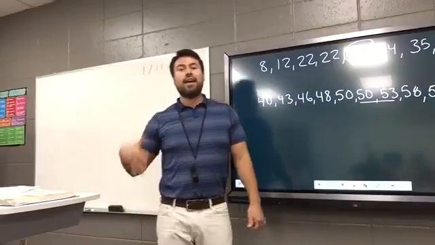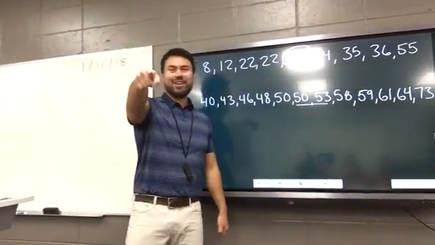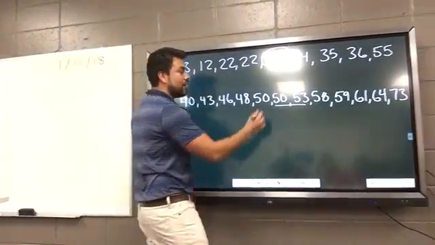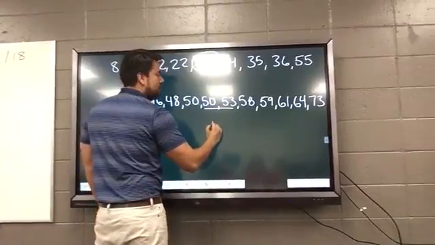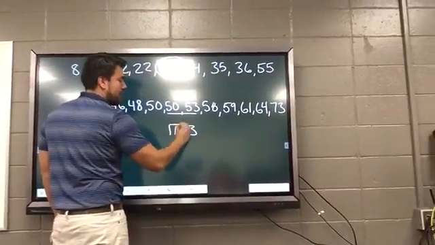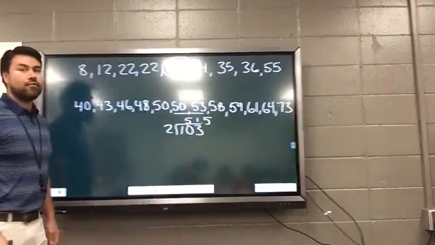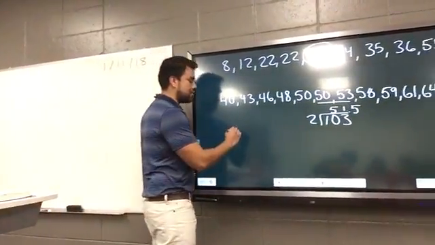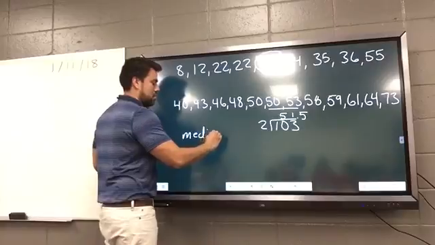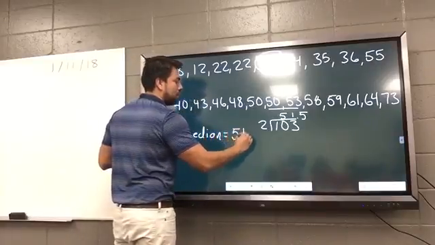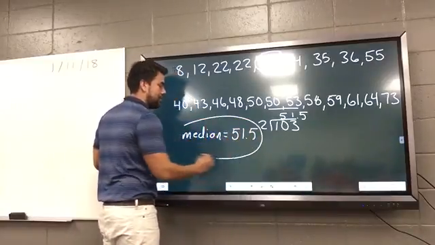Find the mean, average. So how do you find the average of these 2? Add them up and divide them. You get 103, and you divide it by 2. You get 51.5. Your median in this problem is 51.5. Okay, that's your median.